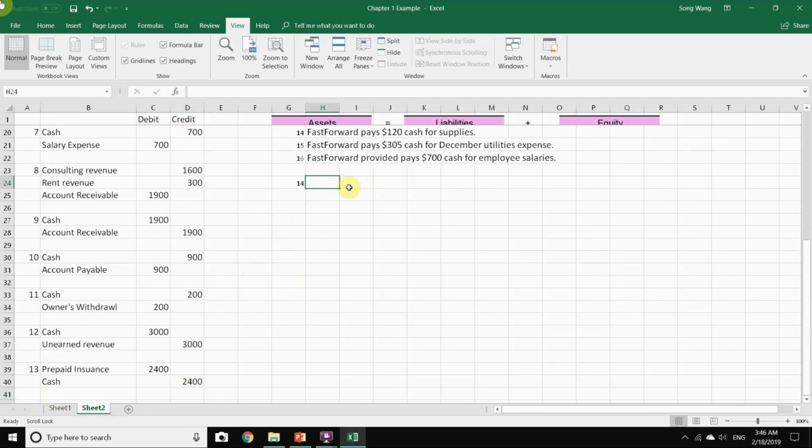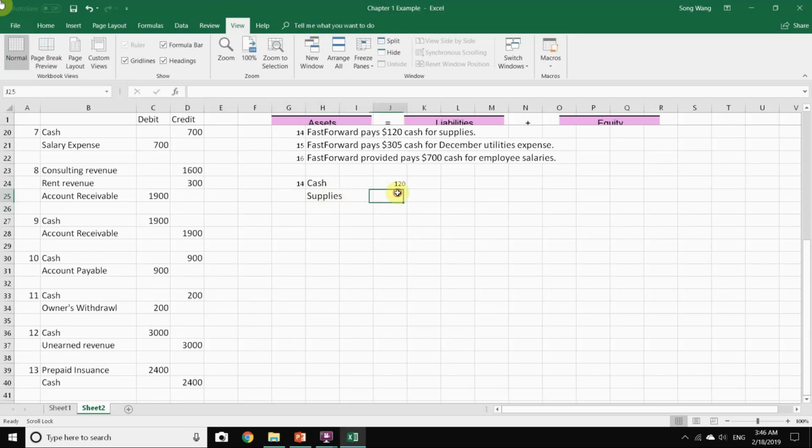Number 14. So the company paid cash for supplies. So cash got reduced, and that's a credit. That's 120, and your supply increases. That's a debit.